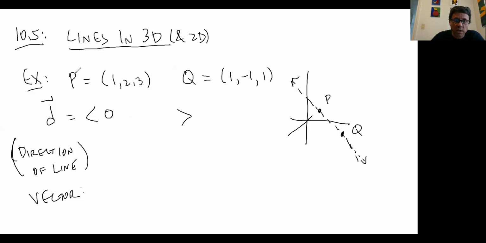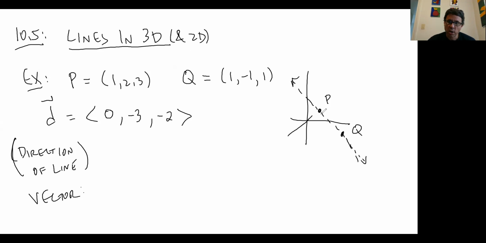Now, what did I have to do to the second component to get from the part of P to the second part of Q? Well, I had to go from 2 to -1. So I had to subtract 3 off to get there. And then what did I have to do from P to Q in the Z component? I had to go from 3 to 1, so I had to subtract 2 off.